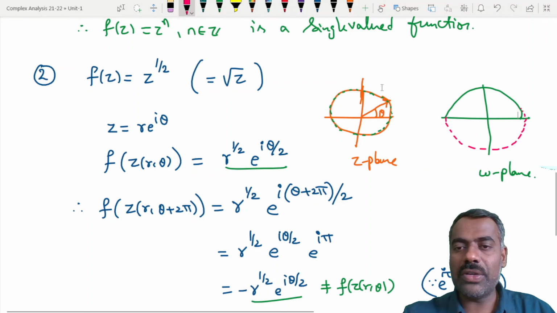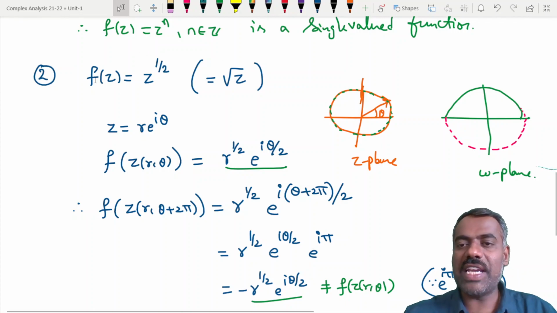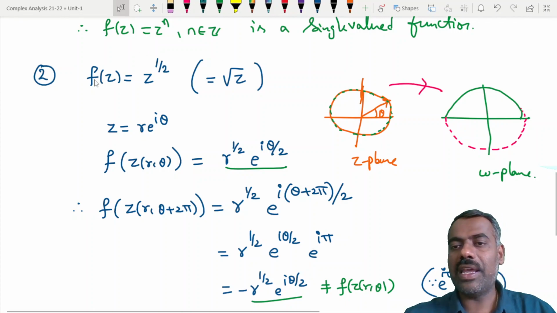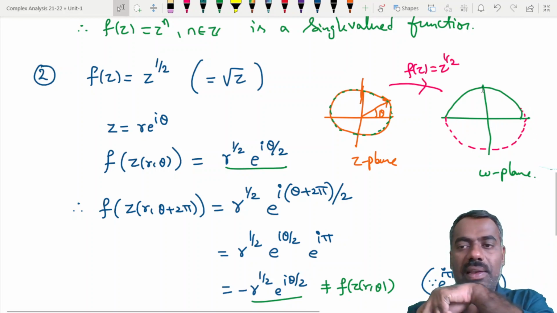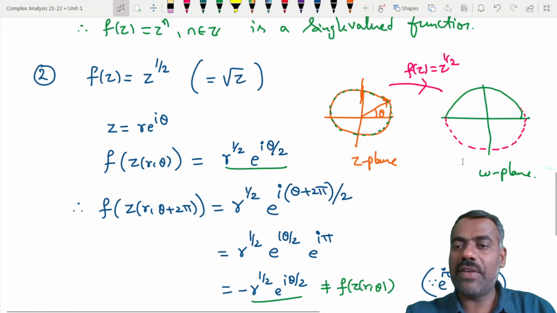That means we have to go 2 times to complete one circle here. If you go one complete round in the z plane, this function f of z, which is z power half, will only travel half circle. So to travel the complete circle, we have to go 2 times.